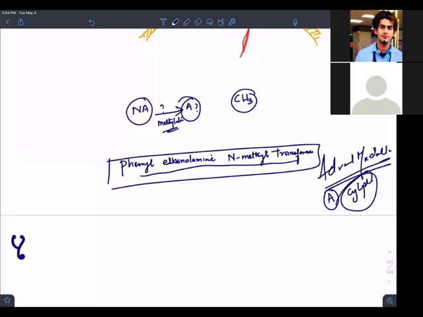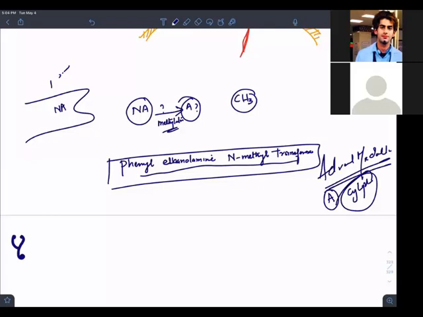That's why your neurons say, stop it. I can't make adrenaline. I can only give you noradrenaline. What is the adrenergic neuron saying? I can only give you noradrenaline.